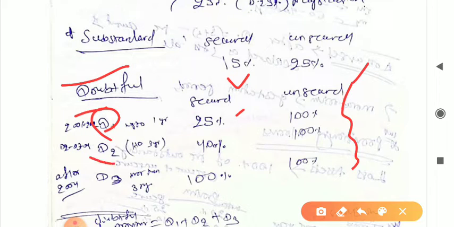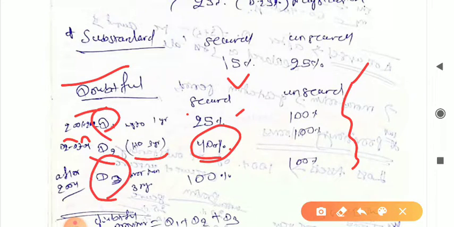So D2, doubtful 2, that is 1 to 3 years, that means after up to 1 year, 2 to 3, 3 to 4. So it will be 40%. In case of D3, more than 3 years, this will be 100%.